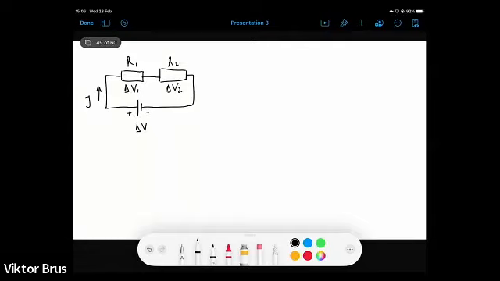Since they are connected in series, we can write the following. The electric current through the circuit is equal to the electric current running through resistor 1, and that is equal to the electric current running through resistor 2, because there are no branches where electric current can go. So everything is connected in series.